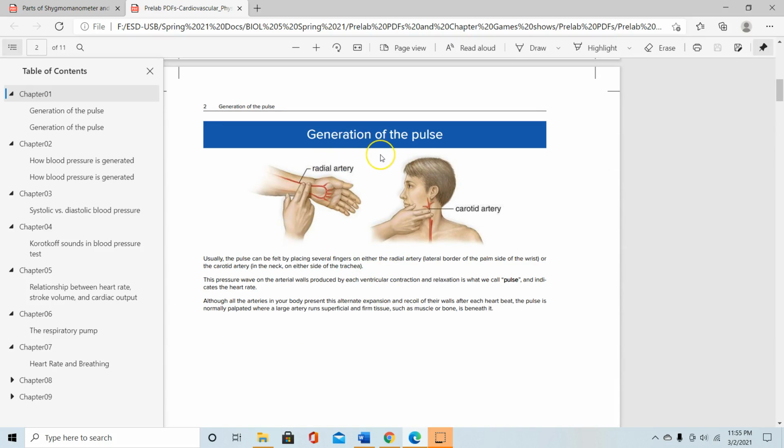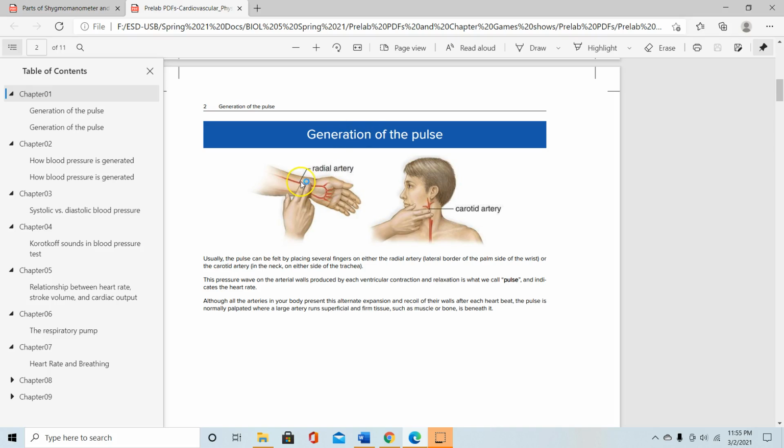This pulse can then be felt in the superficial arteries of the body. There are several arteries in the body where you can feel the pulse.